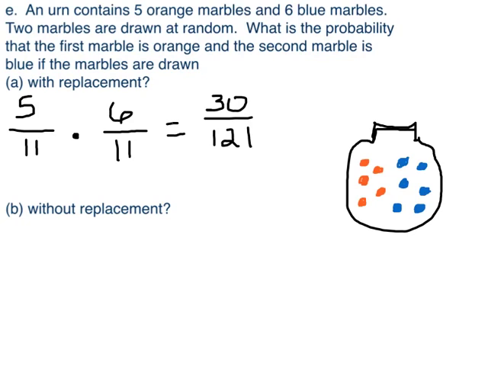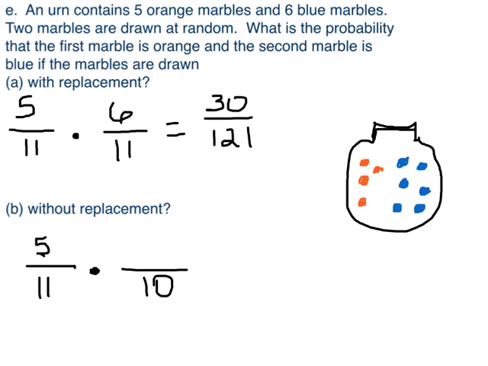if we take one of these orange marbles right here on the first draw, then we had a total of 11, and 5 of those were orange, but now we only have a total of 10.